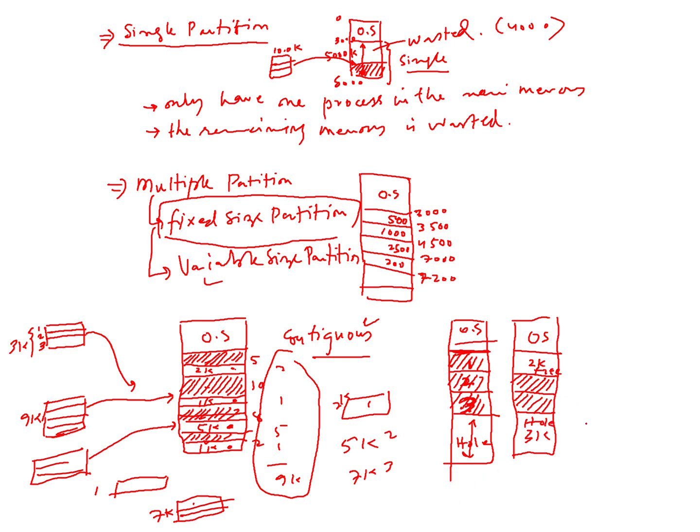Now suppose a new process of 5k has popped up. We have 5k memory space available here, but we cannot utilize it. This is also a problem, similar to the previous problem we were seeing here. When some space is wasted inside the partition, that is called internal fragmentation.